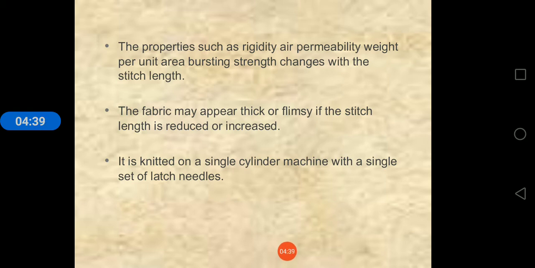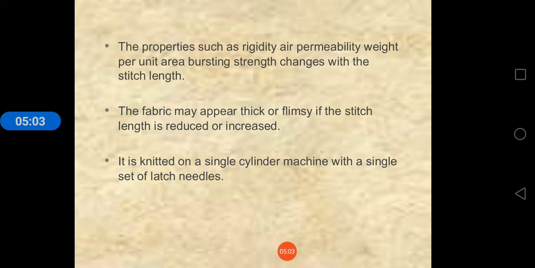It is knitted on a single cylinder machine with single latch needles. The properties of air permeability, weight per unit area and bursting strength change with stitch density. Why? Because the fabric may be thicker or looser as the stitch length is reduced or increased.